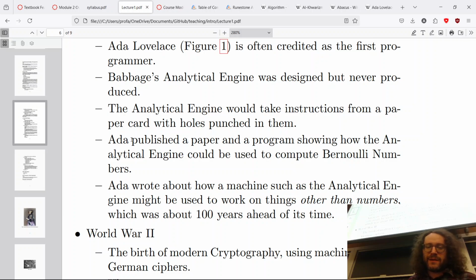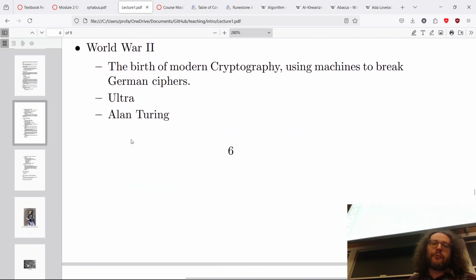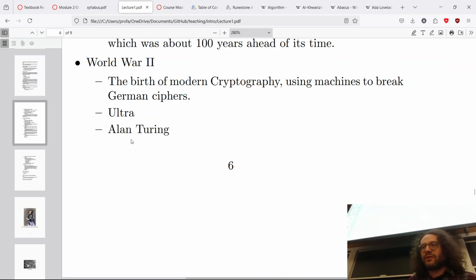The first computer is a bit odd, but that happened around World War II. World War II was basically the boom in computer science that started it as its own field, as it featured the birth of modern cryptography, the idea of using machines to break German ciphers. That was essentially a project classification known as Ultra.